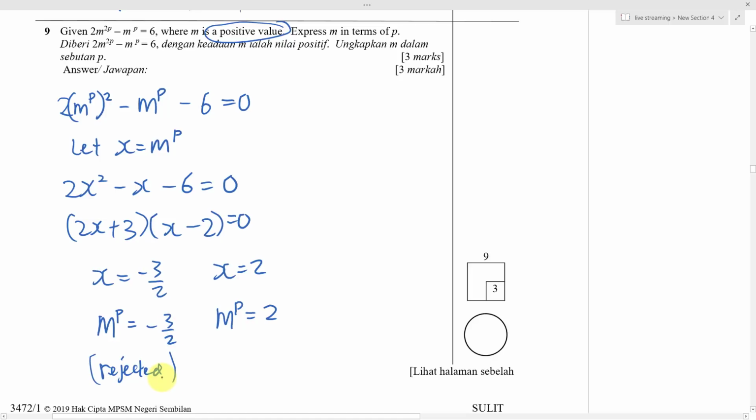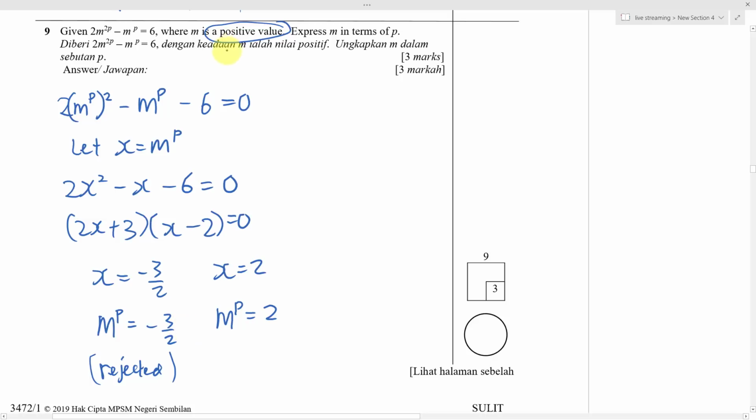And you might ask, is it possible the p move to the other side to get it become a positive value? Yeah, because you kind of need to move the p to the other side, it will become positive, right? It depends what is the p, but in this case, I will just reject this one to be easier a little bit. Yes, actually it's possible.